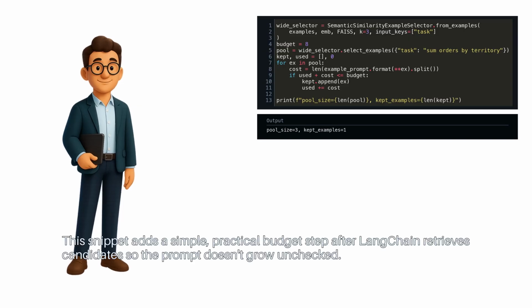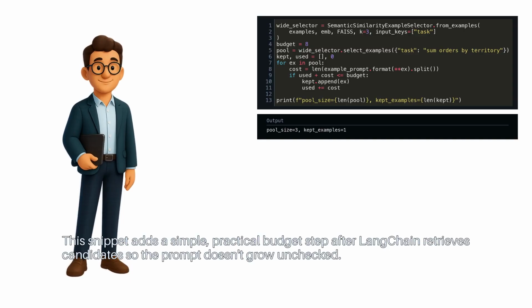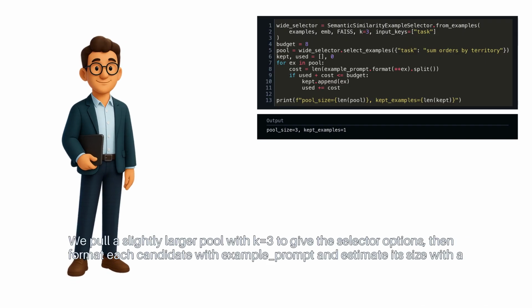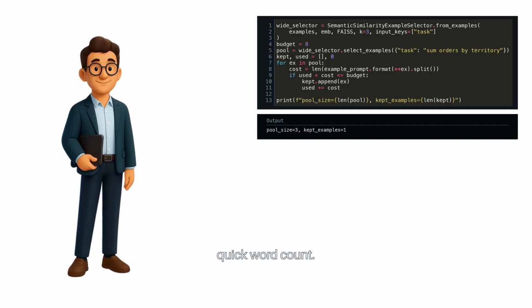This snippet adds a simple, practical budget step after LangChain retrieves candidates, so the prompt doesn't grow unchecked. We pull a slightly larger pool with k equals 3 to give the selector options. Then format each candidate with example prompt and estimate its size with a quick word count.